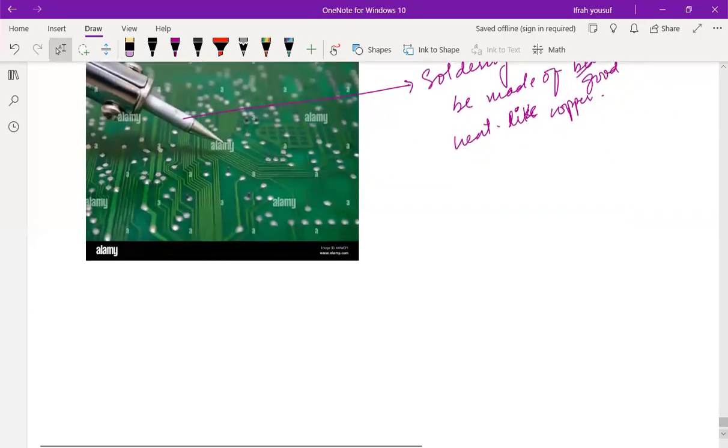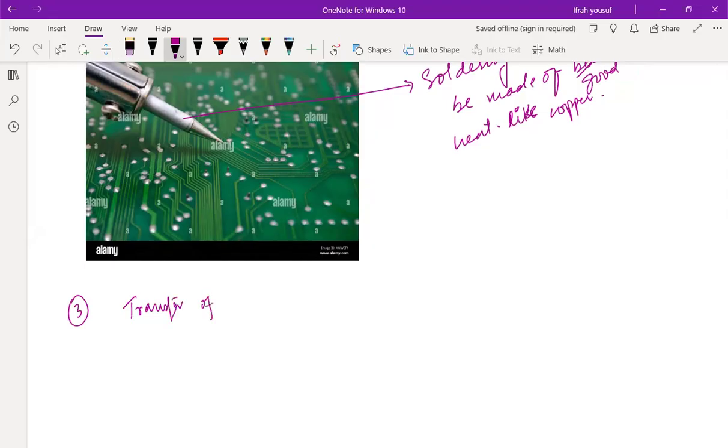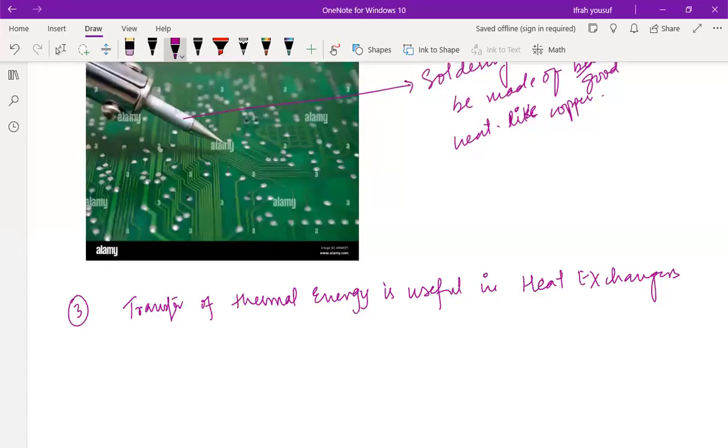Again, the transfer of thermal energy is useful in heat exchangers, right?